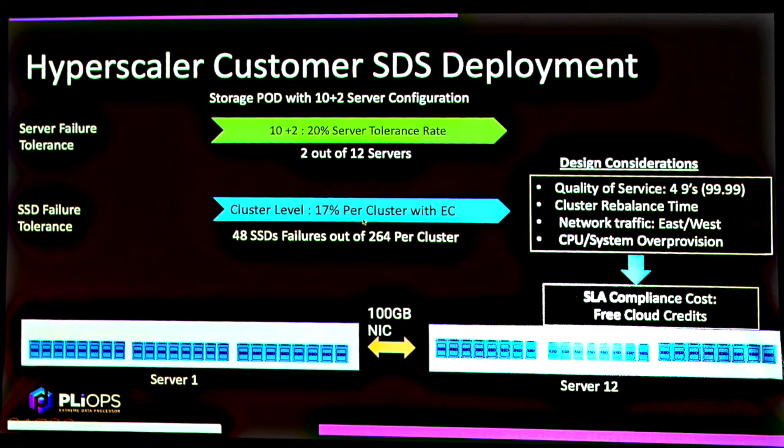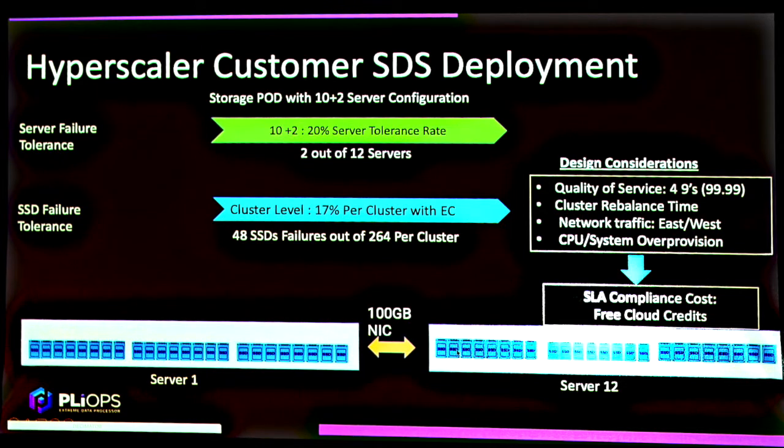So anything which beats this, that means losing an SSD, even though they are using a 100 gig NIC, which is a high performance NIC that gets you 12.5 GB of throughput. Losing an SSD means all the traffic has to go east-west within the 12 servers.